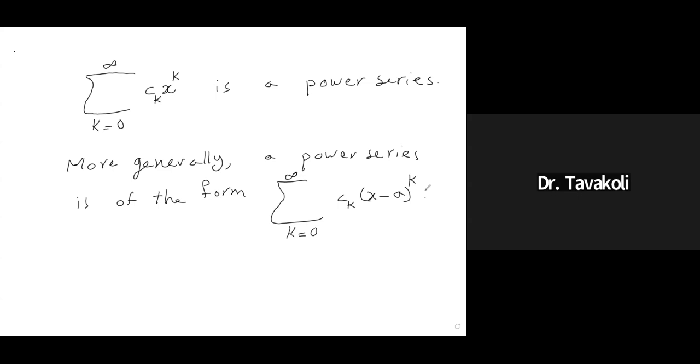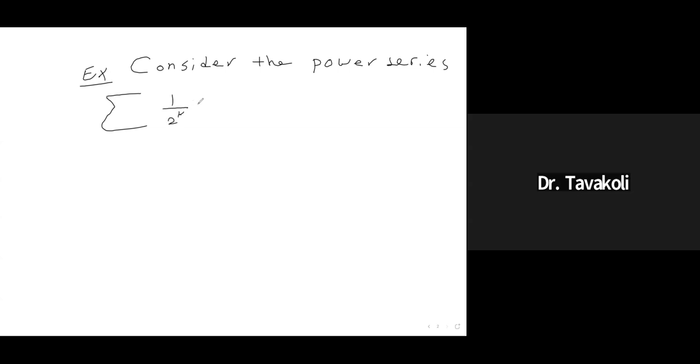Okay, so let's see some examples. Consider the power series sigma of 1 over 2 to the power of k times x to the k, and k could run from 0 or from 1 up to infinity.